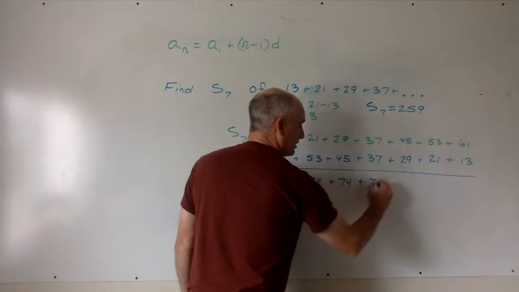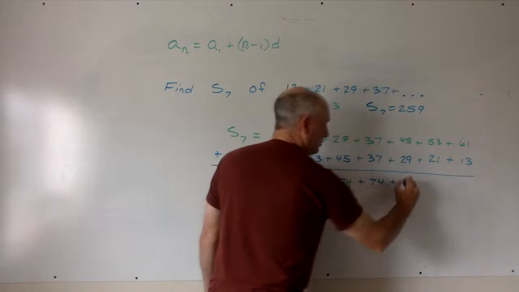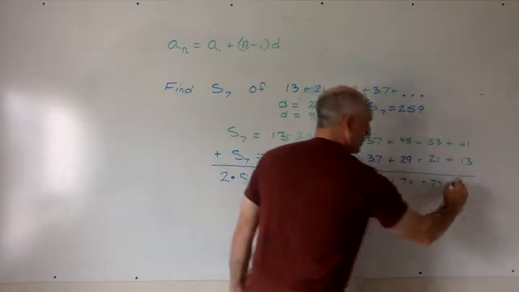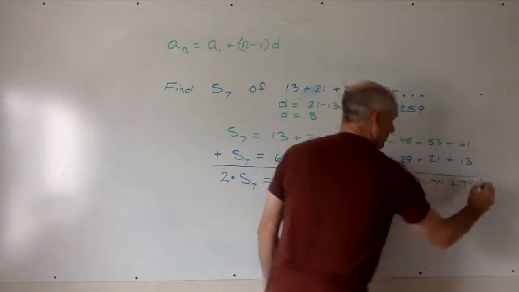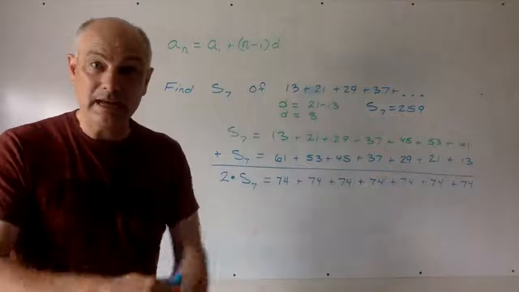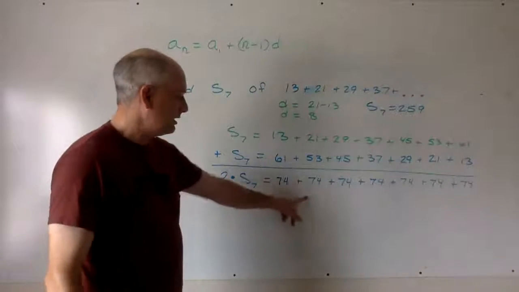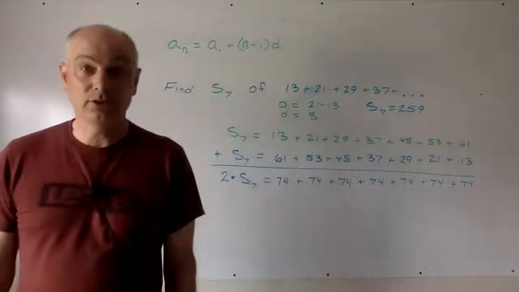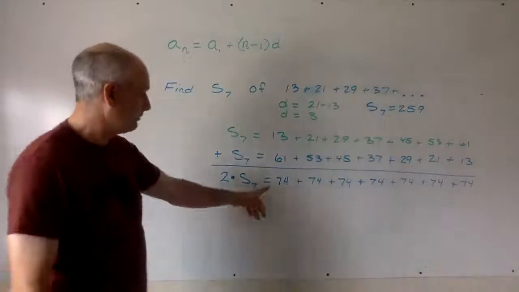In fact, by turning this around and adding it, I'm just taking the same terms, adding them to themselves, but in an opposite order, I end up creating the same value every single time.